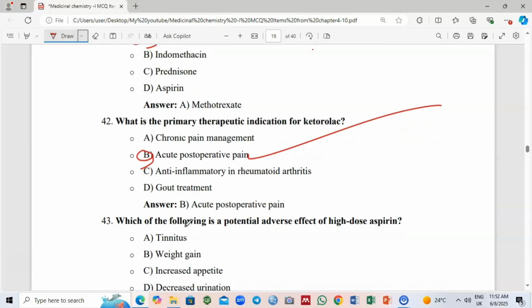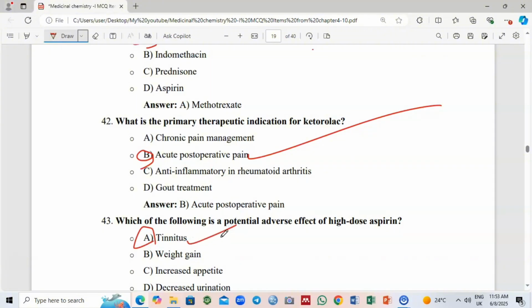Which of the following is a potential adverse effect of a high dose of aspirin? I hope you all can answer tinnitus.